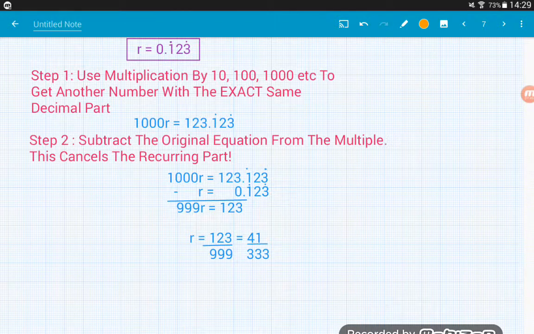And then again we do the subtraction, and that leaves us with 999r is equal to 123. Now, if we divide by the 999 here, we get r is equal to 123 divided by 999. And this one can simplify down. There's a common factor of 3 between the top and the bottom. So we divide that away and get 41 over 333.